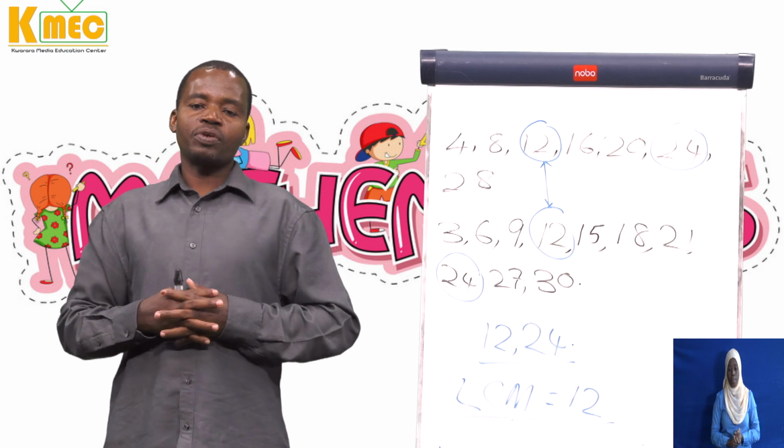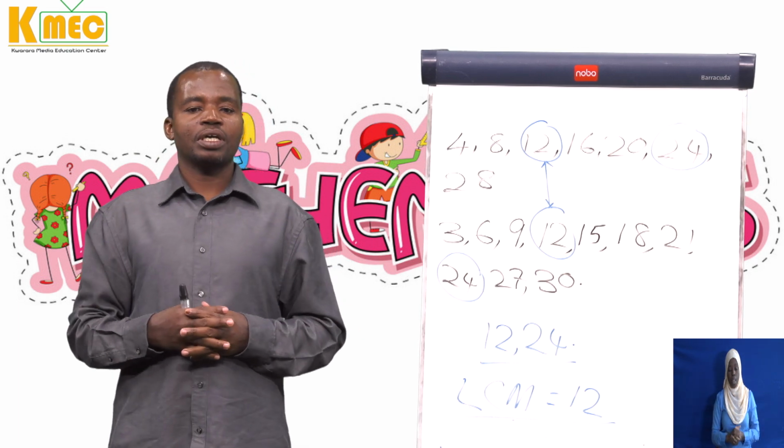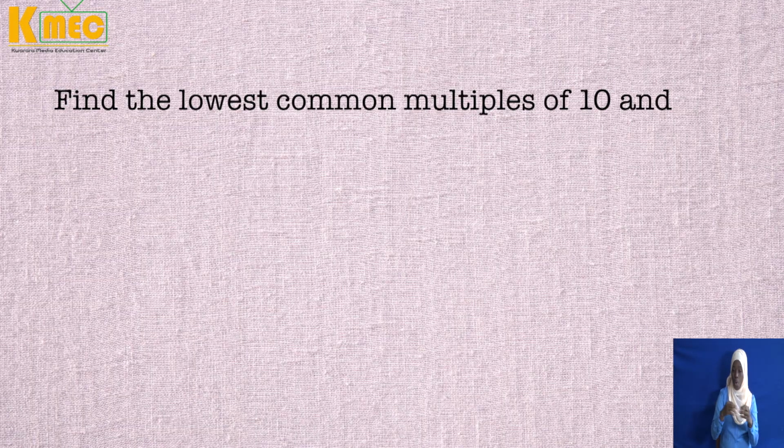Now solve the following problem for more practice. Find the lowest common multiple of 10 and 20.